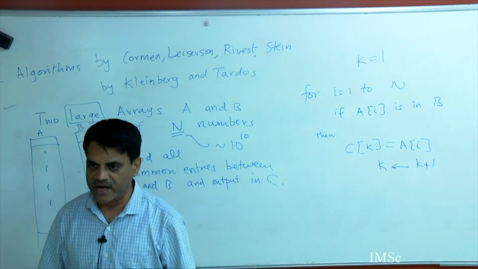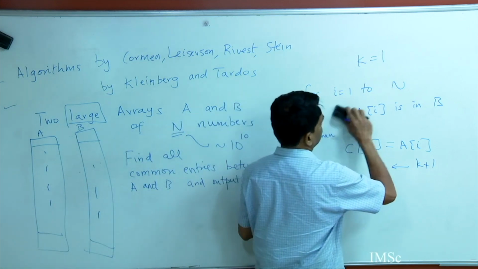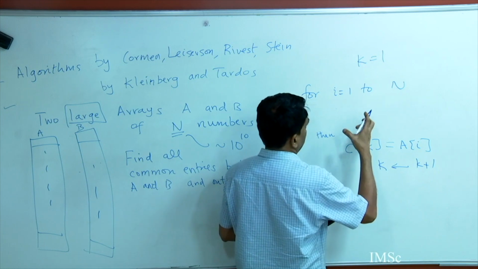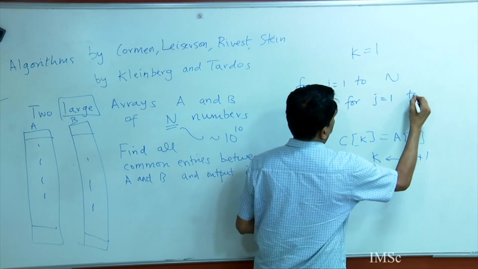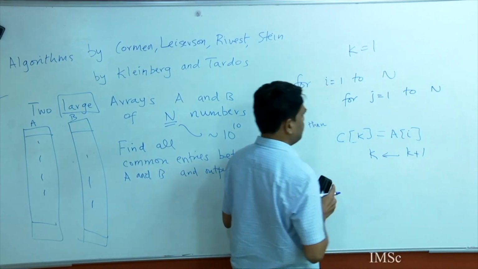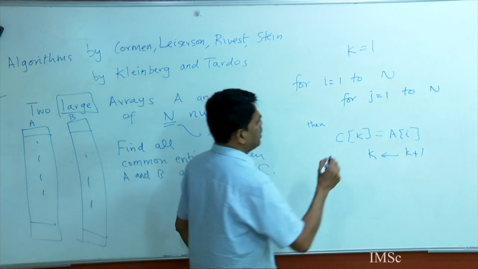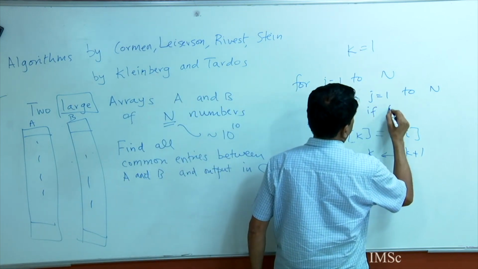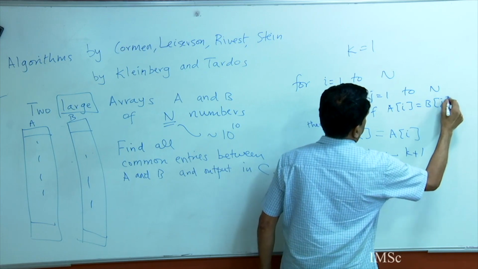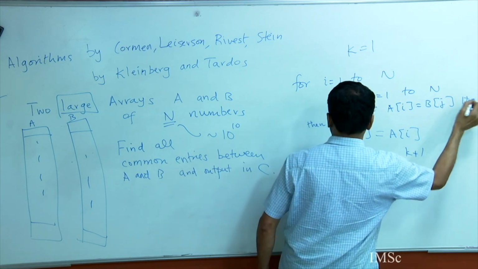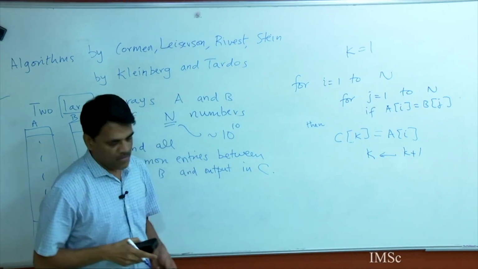Another loop, right? Exactly. So what is another loop? So I'm going to say for j going from 1 to n, what do I do? If A_i equals B_j, then, okay, so then output here.